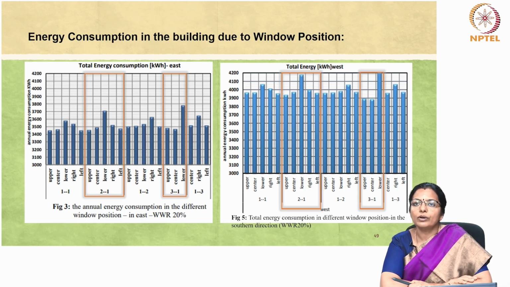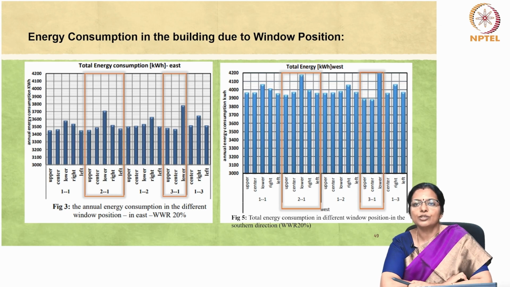Notably, the lower openings contribute significantly to increased energy consumption. Moreover, as the width of the aperture increases relative to its height, energy consumption rises accordingly.